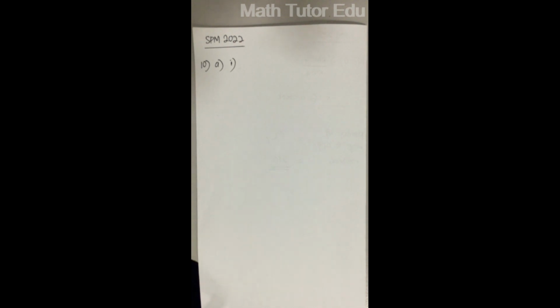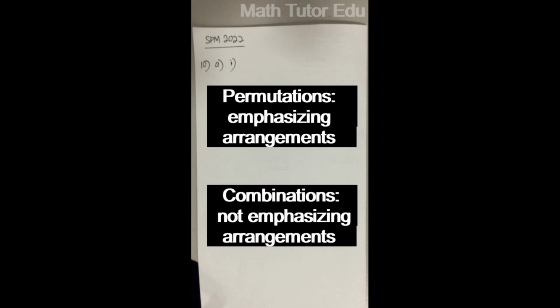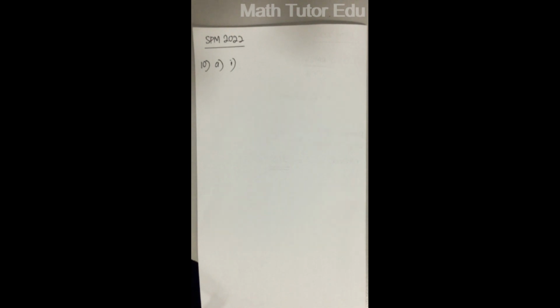If a question emphasizes arrangement, that particular concept is permutation. Otherwise, it is a combination. In this case, they're asking for the number of ways NV can buy if she wants to buy notebooks only. For part 2, they're asking the number of notebooks is at most equal to the number of pens. Let us solve part 1 first, and once we're done, move on to part 2.